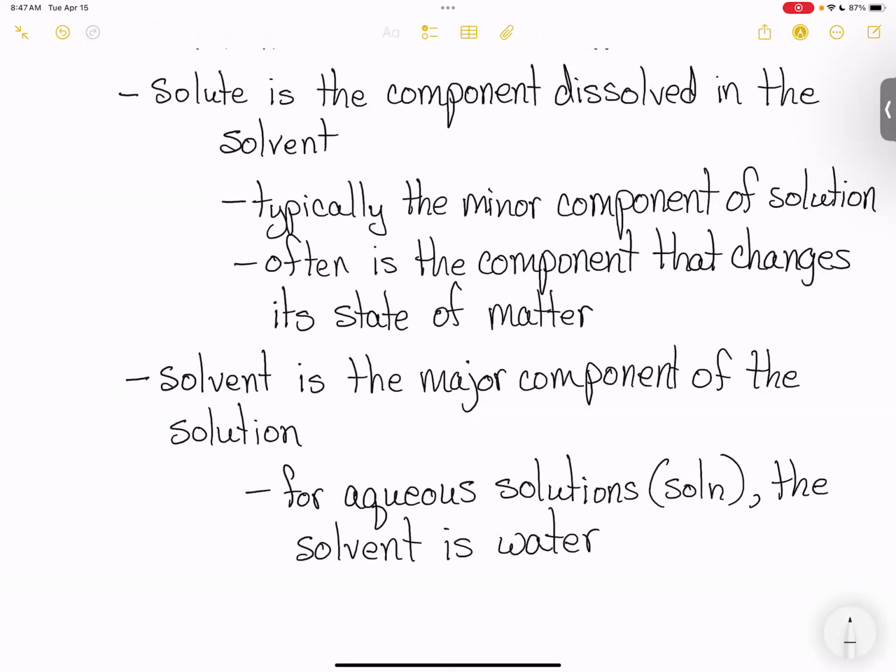The table salt changed its state of matter. It's no longer going to be a solid that you put in. It visibly changes. So that's another example of a solution. The fact of the matter is if I go upstairs, I'm going to find lots of solutions.